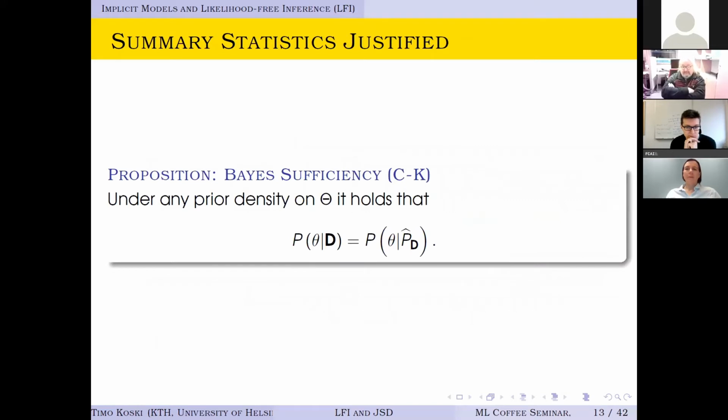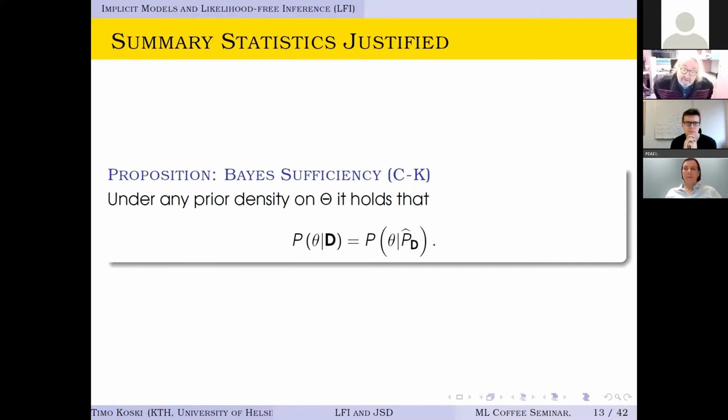Now, in this ABC literature, there is a question about when you are justified to summarize your data in some way. And here's a result: Bayes sufficiency, namely that the summary statistic, the empirical distribution, is in fact Bayes sufficient.